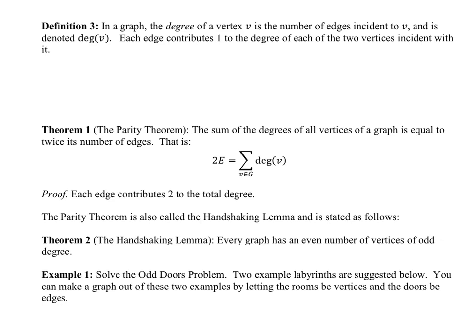In definition 3, we get the idea of a degree of a vertex. What we do is count the number of edges that are incident to that particular vertex. If you have a vertex, let's call it V, and there are 5 edges coming out of it, then the degree would be 5.